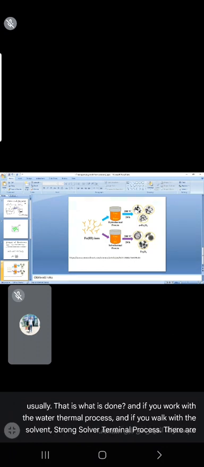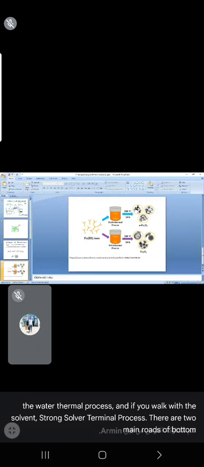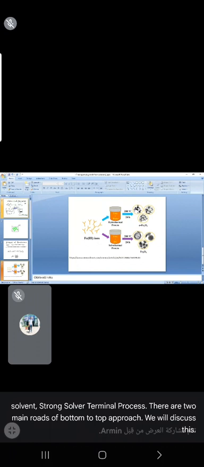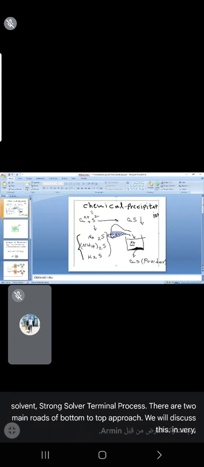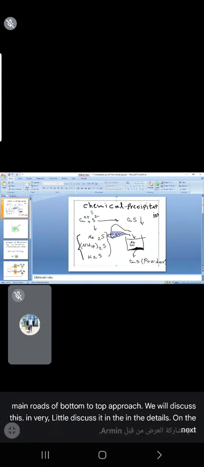There are two main routes of the bottom-to-top approach. We will discuss it in detail in the next session.